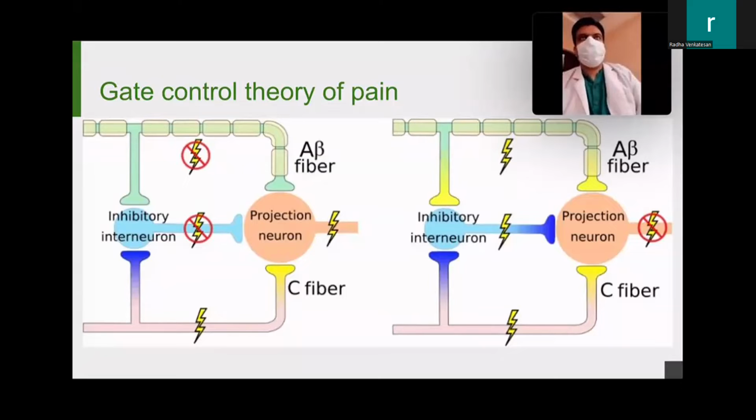If you see these two pictures, in the picture on the left, the pain is conveyed only through the C fibers, so the pain is perceived. In that picture, you have the A-beta, the fiber which carries the touch sensation. That's why, with rubbing and all those things, the inhibitory pathway is not stimulated there, so the pain is perceived.